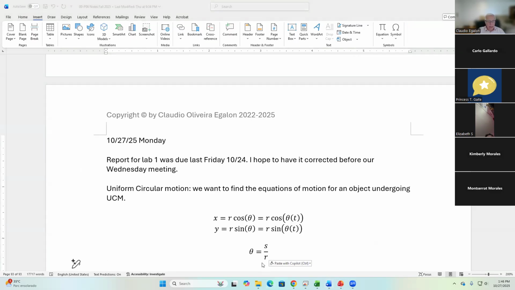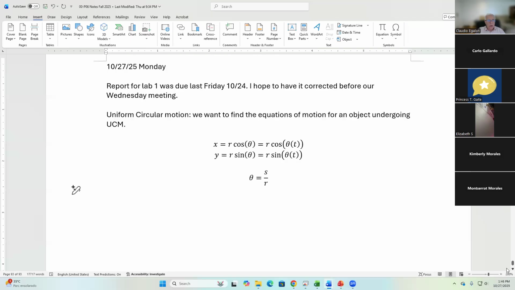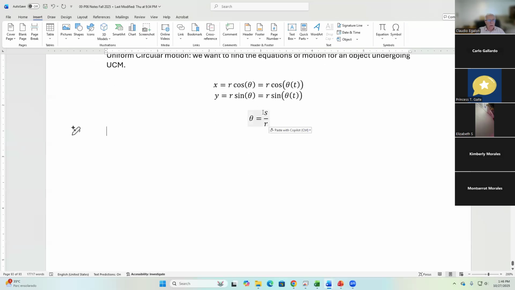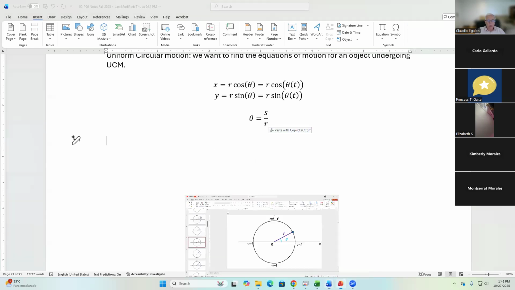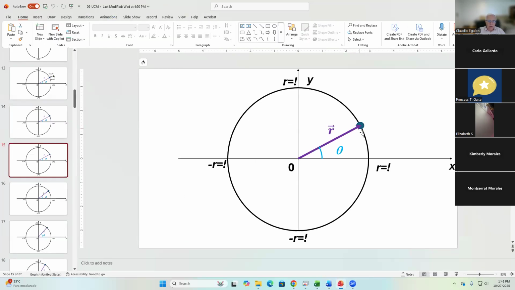It is the arc length S divided by the radius of the circle. The arc length is this length here that I'm talking about, divided by the radius of the circle. The very definition of angle.